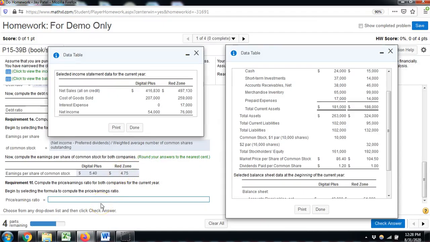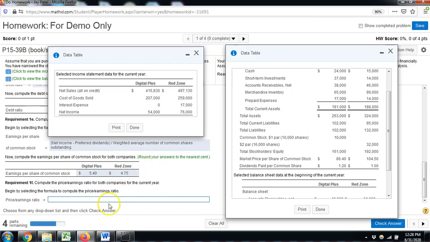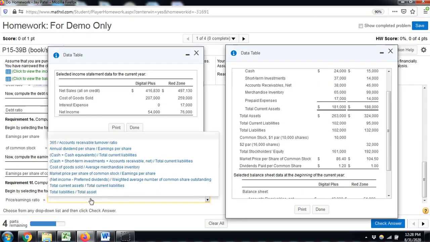Okay, now we have price to earnings ratio. So now we're going to have the market value of the shares coming into play. So let's think about this for a second. What is the formula? It's price per earnings. So you're going to have the price of the stock divided by the earnings per share.